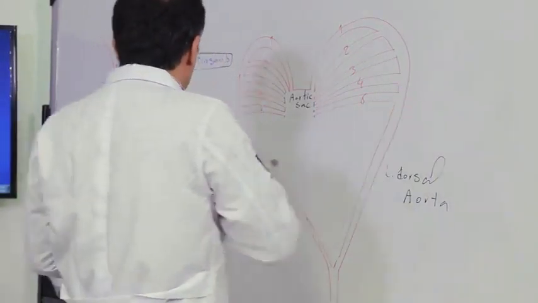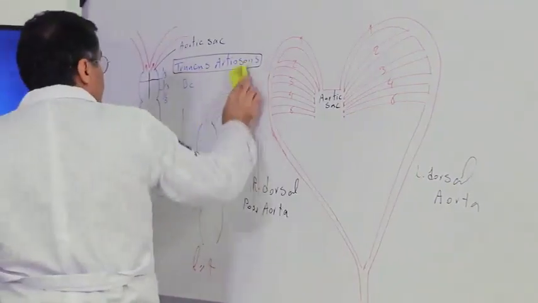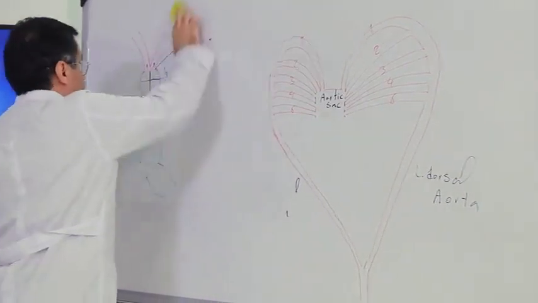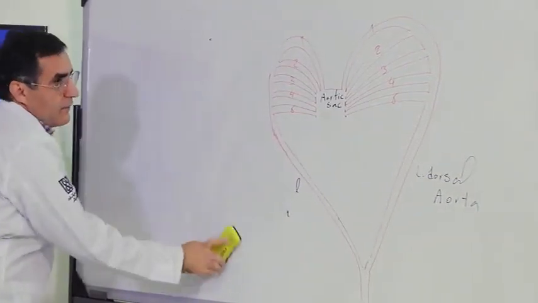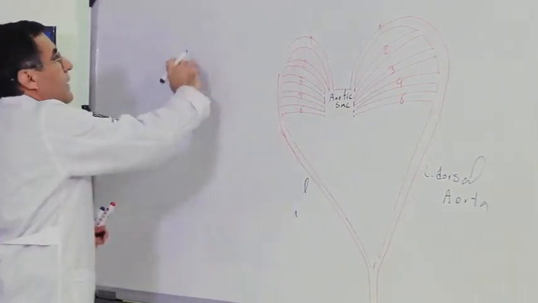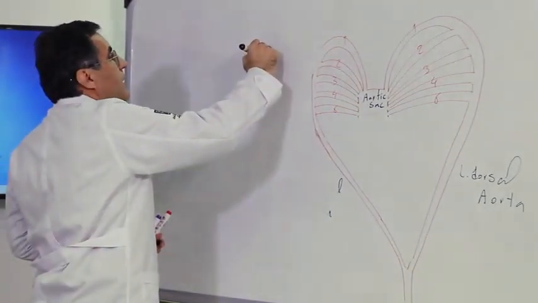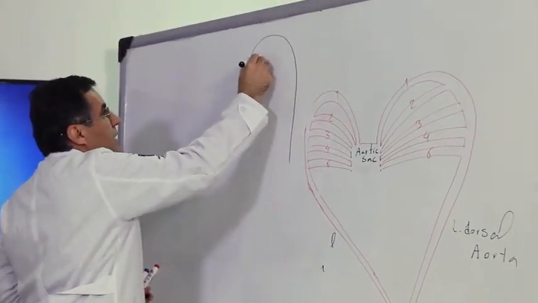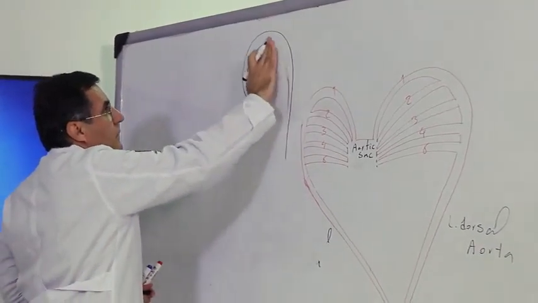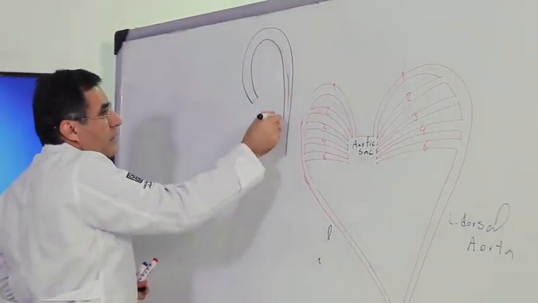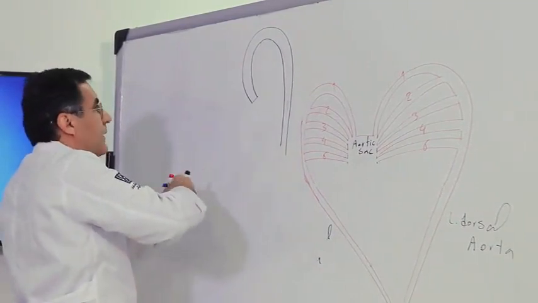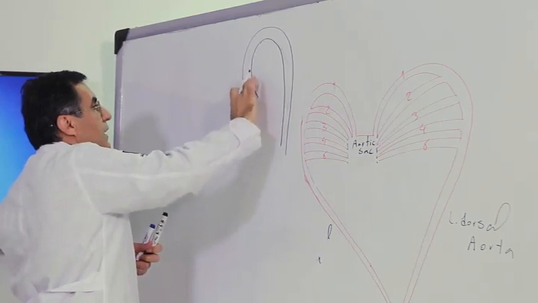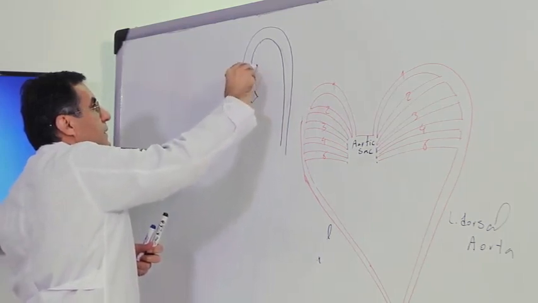In the normal anatomy, the relation between the aorta and heart looks like this picture. And this one is the pulmonary artery, pulmonary trunk.